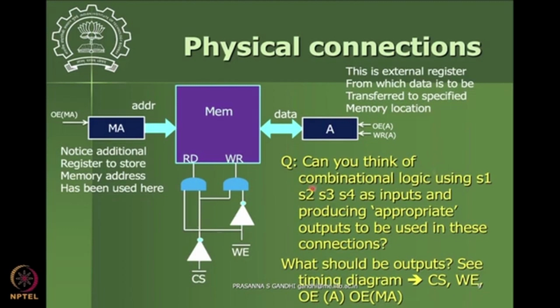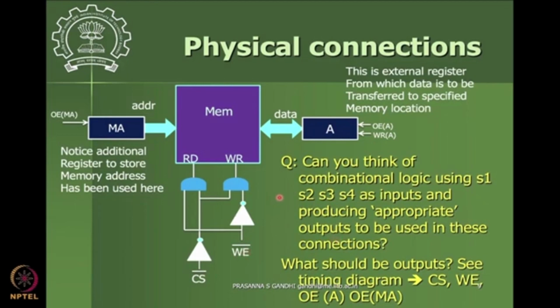Okay, so this combination logic we can use on S1, S2, S3, S4 to produce the appropriate output which can be connected to this OE pin here, or OE pin here, or CS pin and WA pin here. Okay, that's what we want to do.